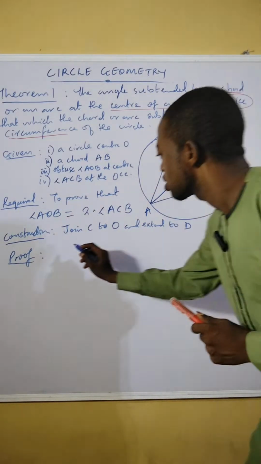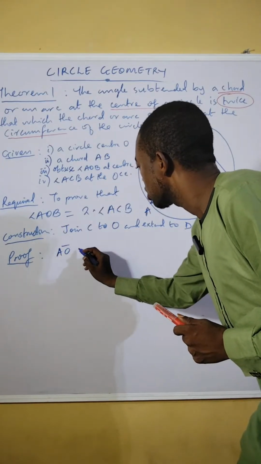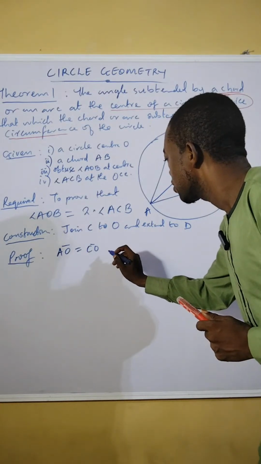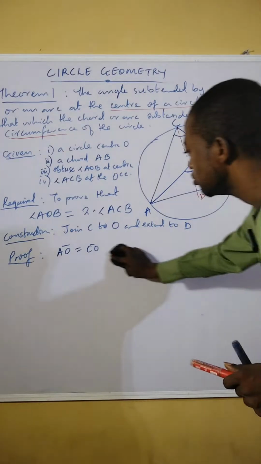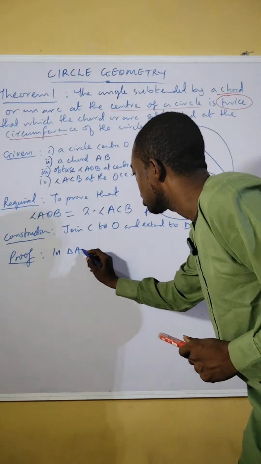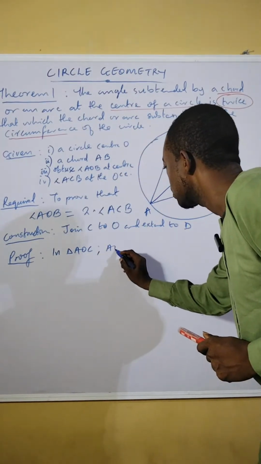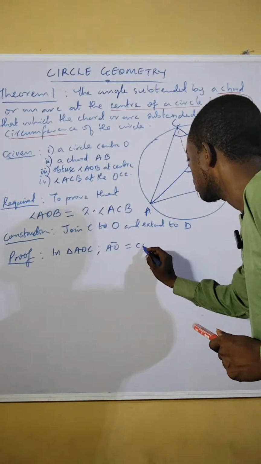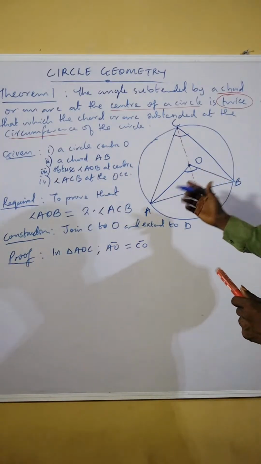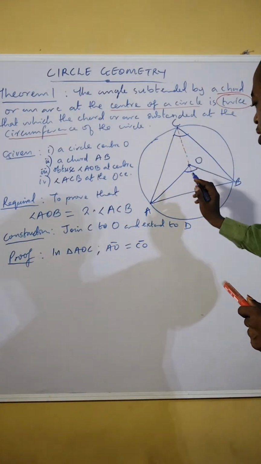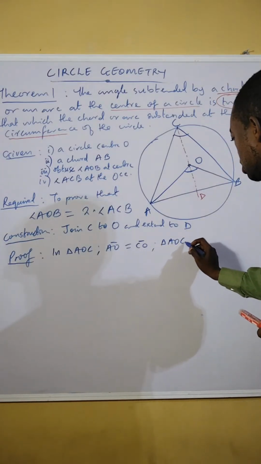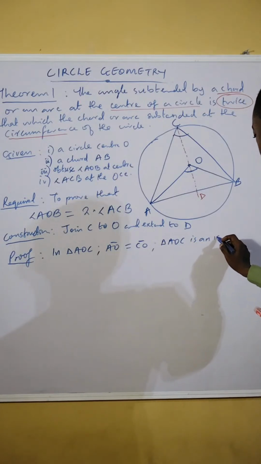So we have, therefore, line AO is equal to line CO. Here in triangle AOC, line AO is equal to line CO. That makes two sides equal. And you know, when we have two sides equal in any triangle, that triangle is called an isosceles triangle. So triangle AOC now is an isosceles triangle.